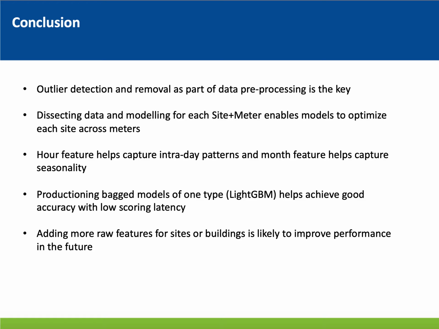Using time-based features like hour and month helped capture seasonality and helped in coming up with a stable cross-validation framework. Ensembling a lot of different models helped increase the stability of the models and reduced the variance of the predictions. It also gave a low scoring latency when you use only the LightGBM models.